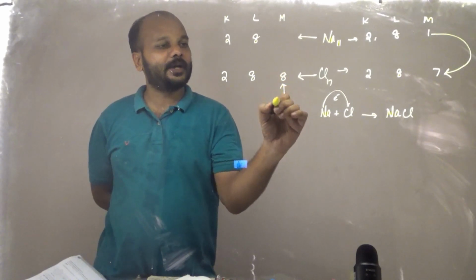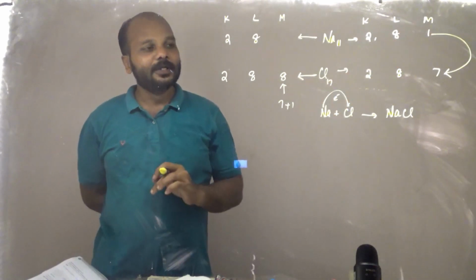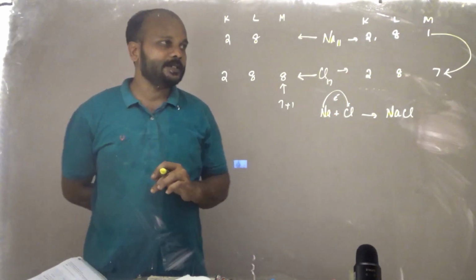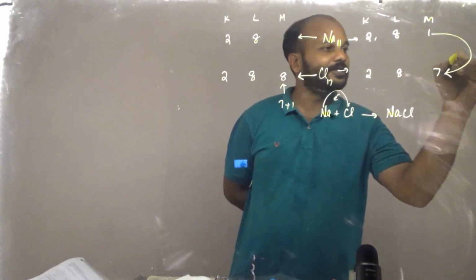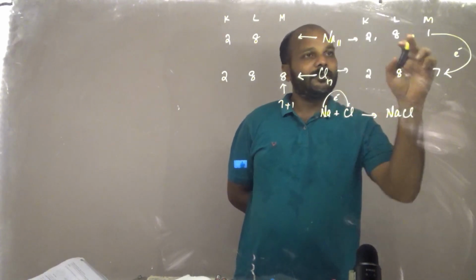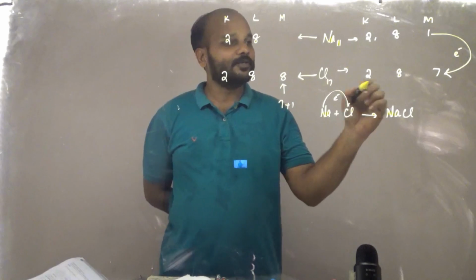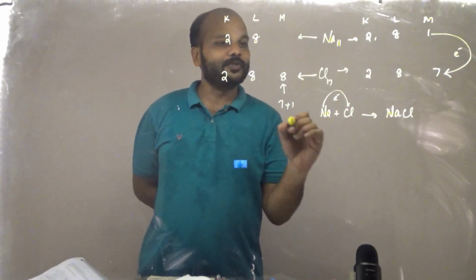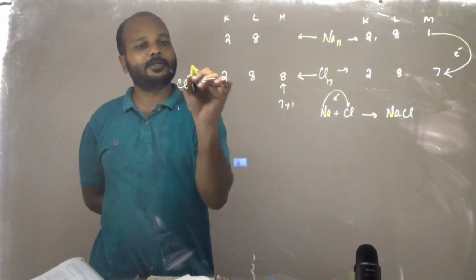From where is this 8 coming? 7 plus 1. Now, what is the charge of an electron? It is negatively charged, right? So when sodium gives one negatively charged particle to chlorine, chlorine attains some negative charge, so it changes to Cl minus.